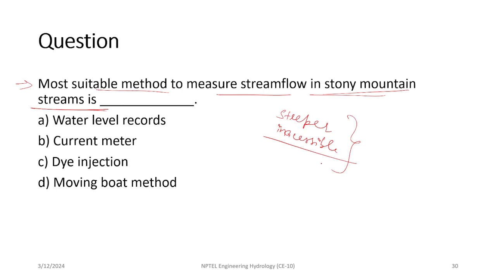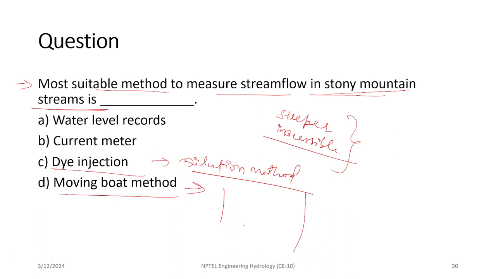we use a kind of direct method, that is dye injection method, or maybe you may be knowing this as dilution method. Okay, so this method is useful. Moving boat method can be useful when the river is having more width.